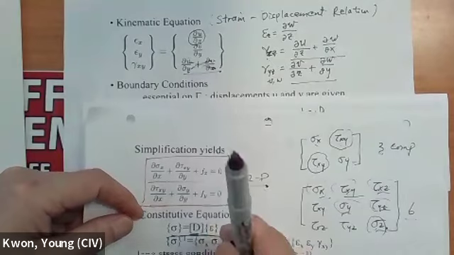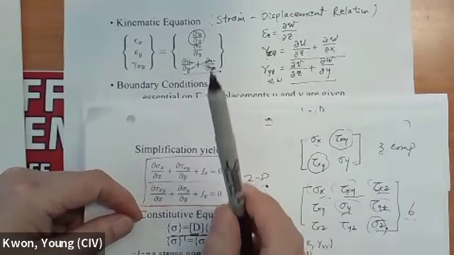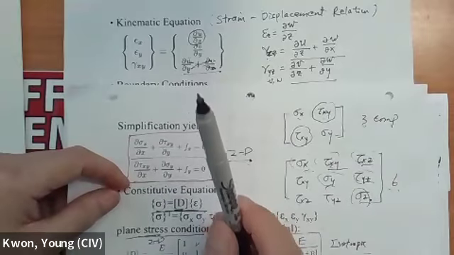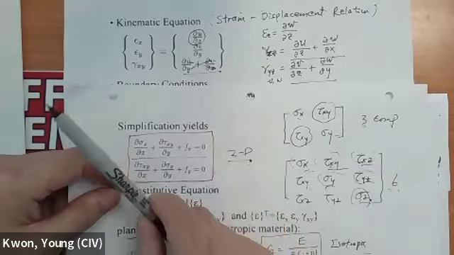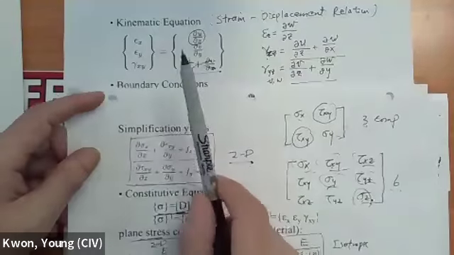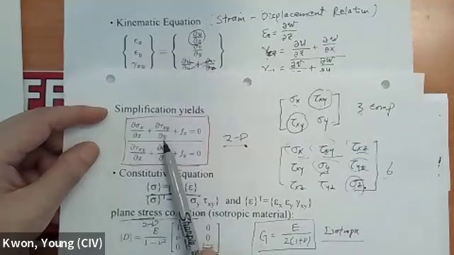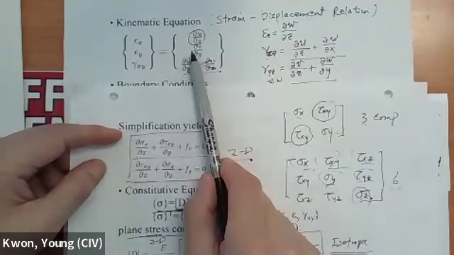So in other words, in 2D theory of elasticity, you have 8 equations and 8 unknowns. And those equations also have derivatives, partial differential equations. So it's not a simple problem.